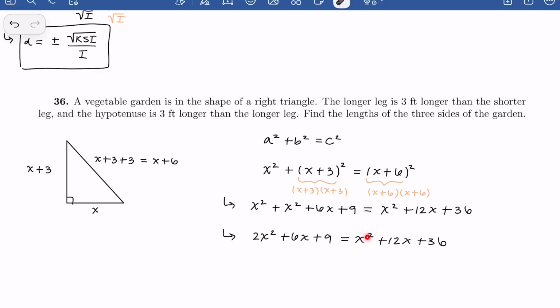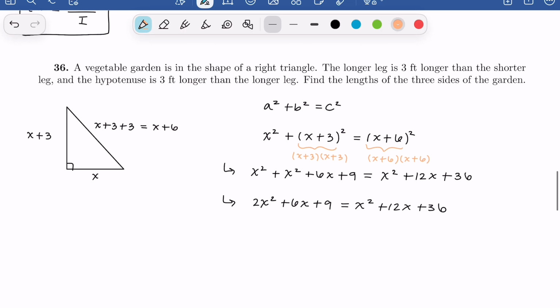Since I know I'm dealing with a quadratic equation here, we only know two ways to solve these types of equations. That's either factoring or using our quadratic formula. So this tells me that no matter which method I use, I should at least write this in standard form to figure out which method to use. So let's go ahead and do that. I'm going to move all of these terms over to this side of the equation.